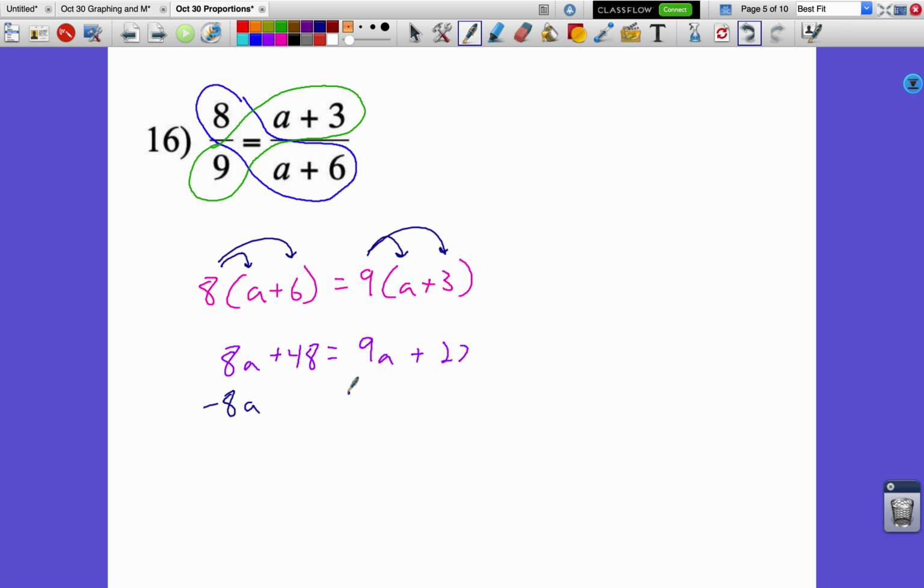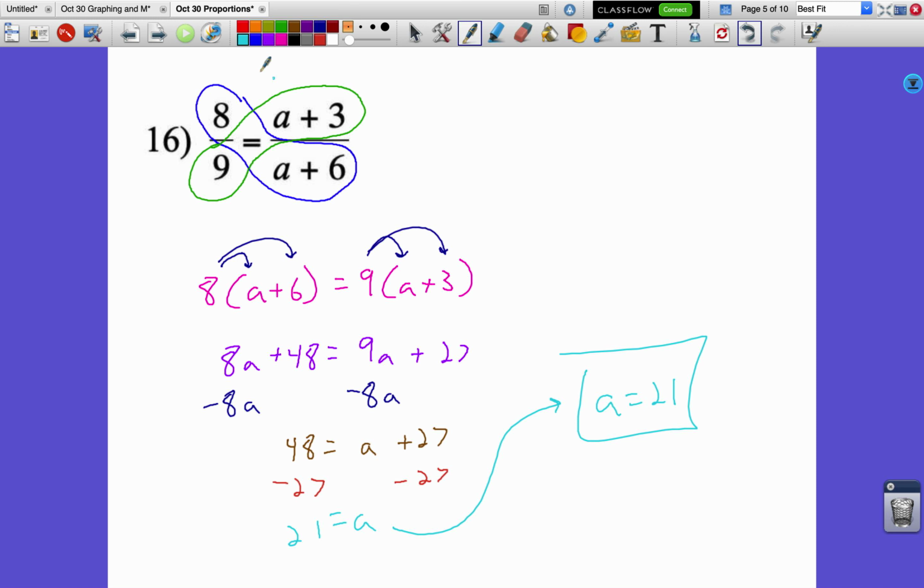I'm going to move the smaller one, which is the 8a, so I'll subtract 8a from both sides. Now I've got 48 equals a plus 27. I've got constants on both sides. I'll subtract the 27 to move it away from the variable, and I get 21 equals a, or a equals 21.